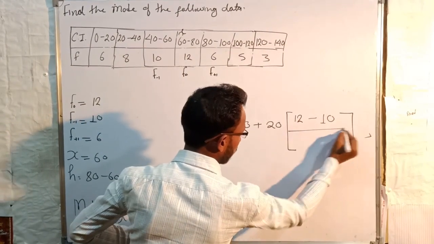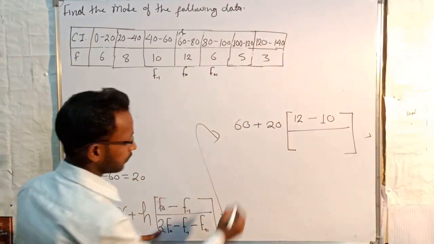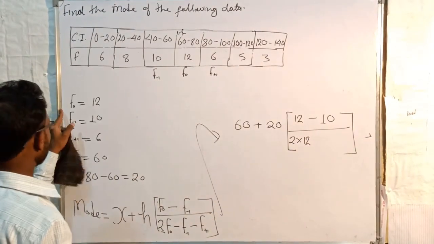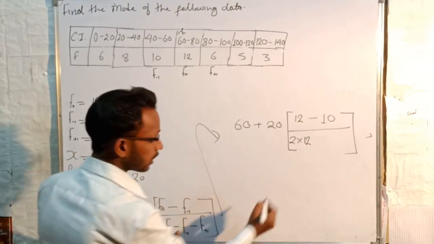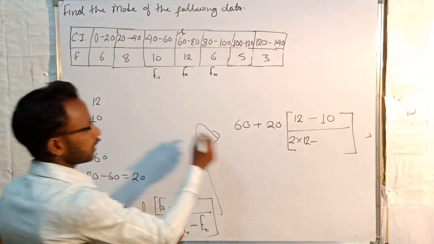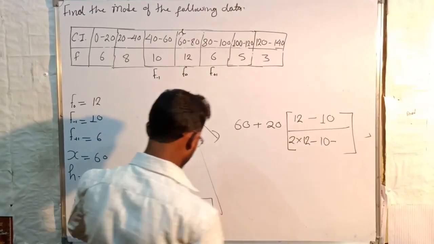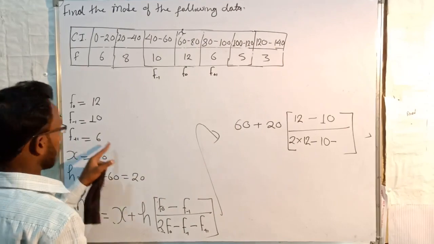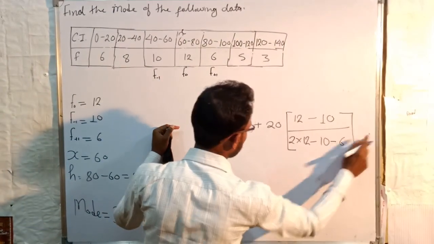And divided by 2 multiplied by f0, that is 2 times 12, minus f minus 1, which is 10, minus f plus 1, and f plus 1 is 6.